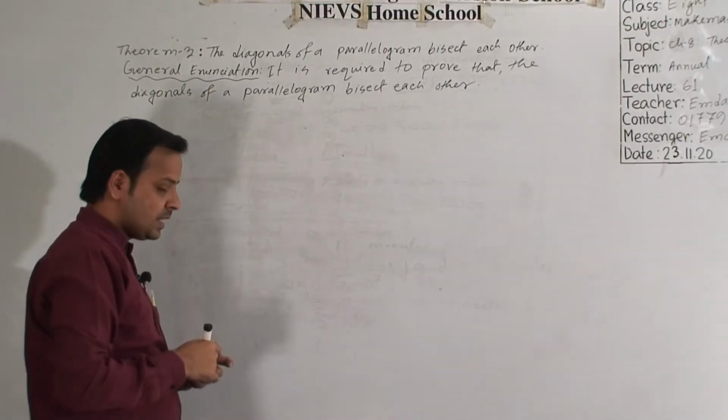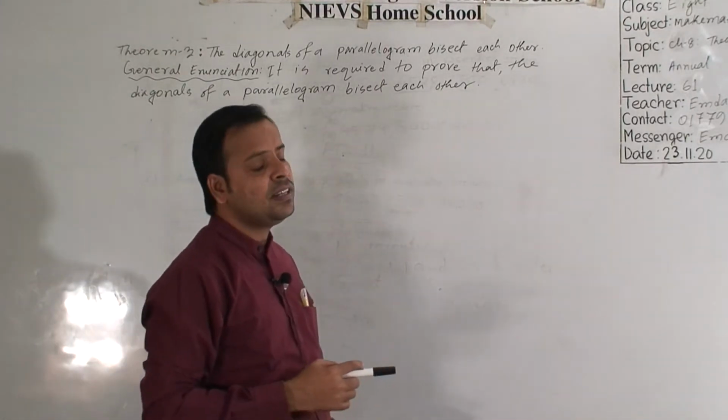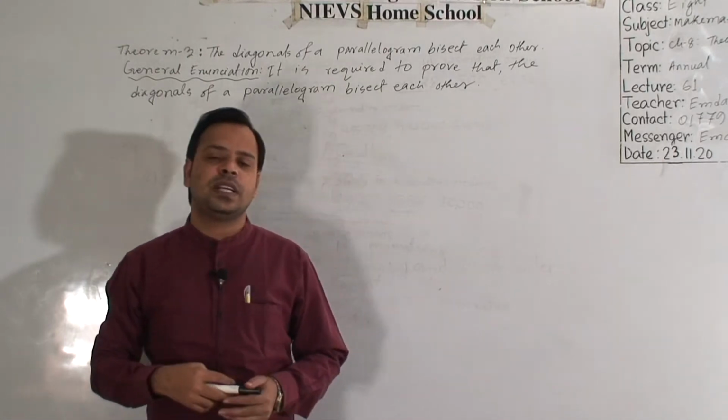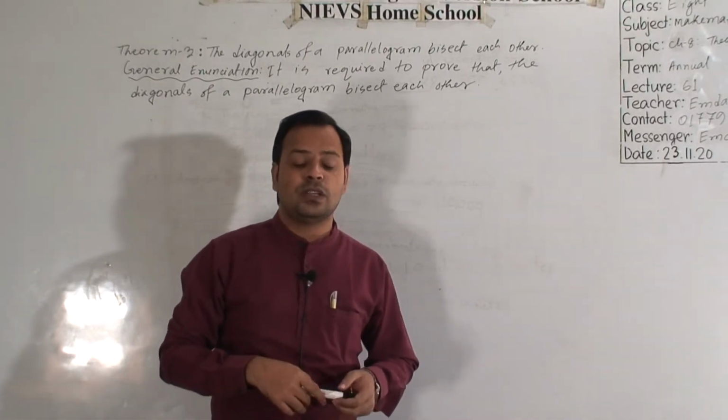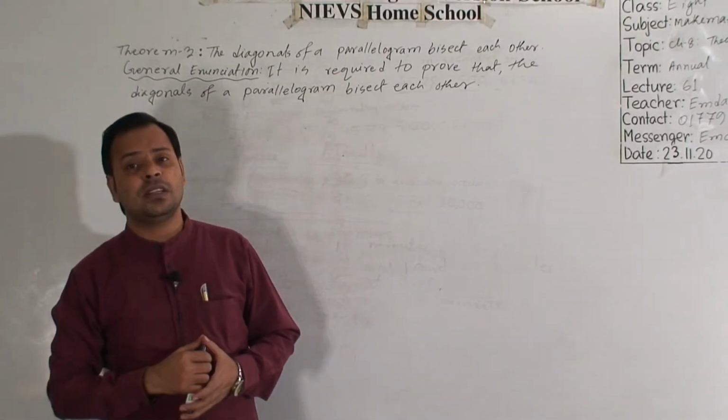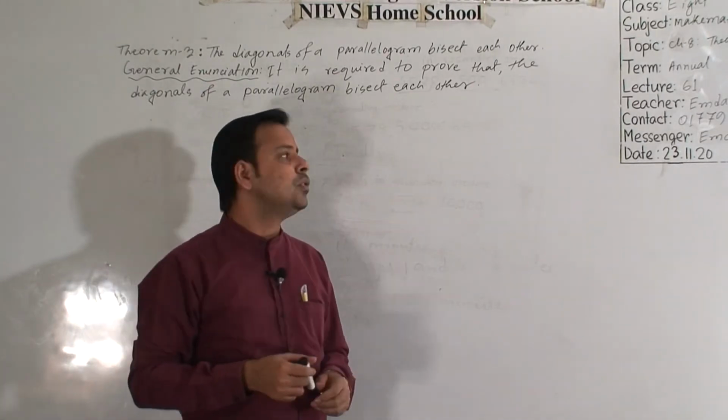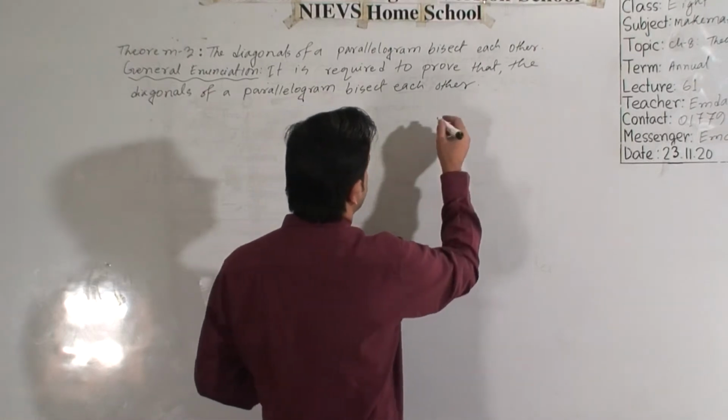This is our general enunciation, and then our next step is we have to write the particular enunciation. To write the particular enunciation, we have to draw the figure also. So we can draw the figure here.